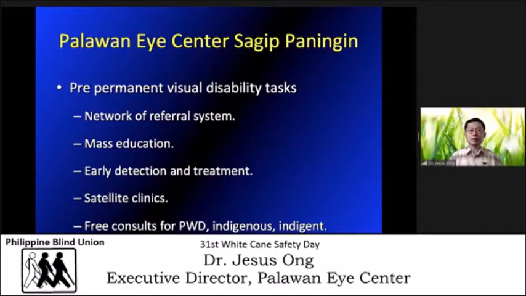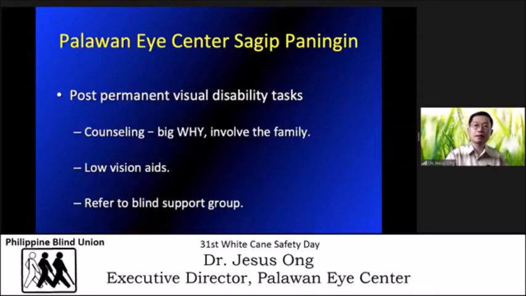And of course, at Palawan Eye Center, we offer free consults for PWDs, indigenous, indigent, and even the senior citizens during afternoon clinics. So that's a pre-permanent visual disability task that I do.